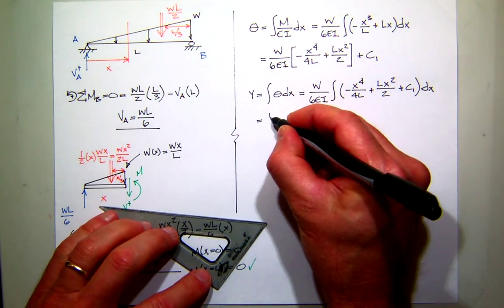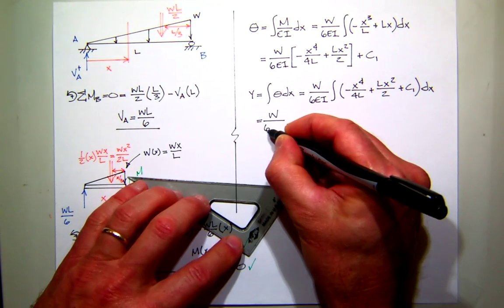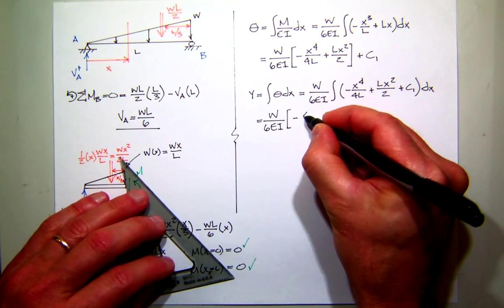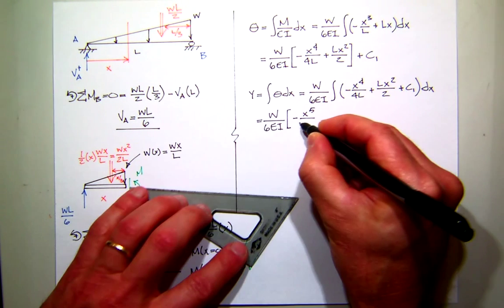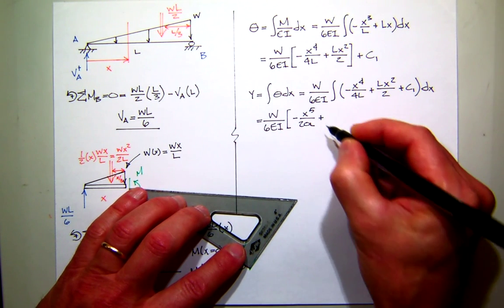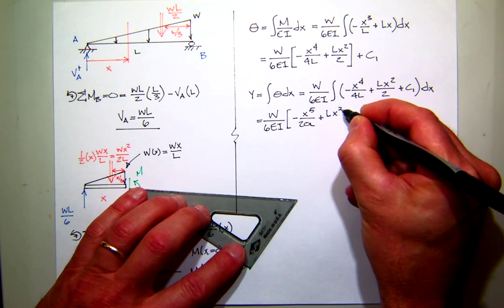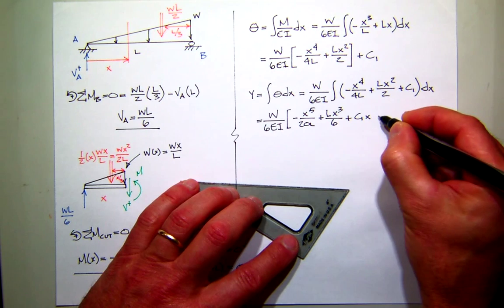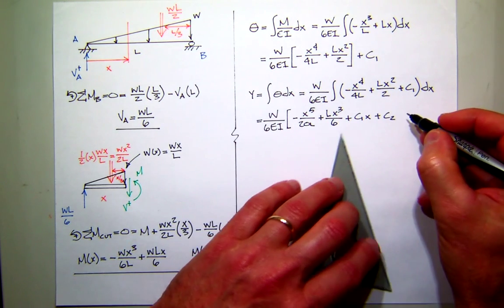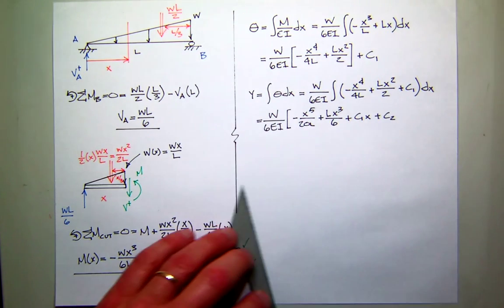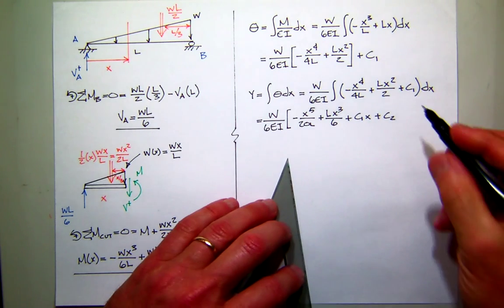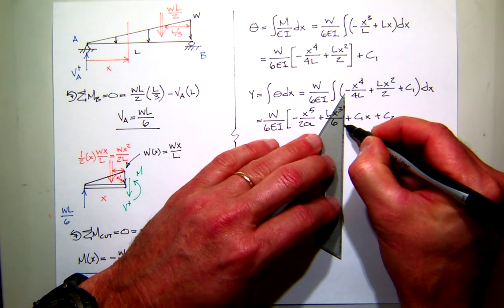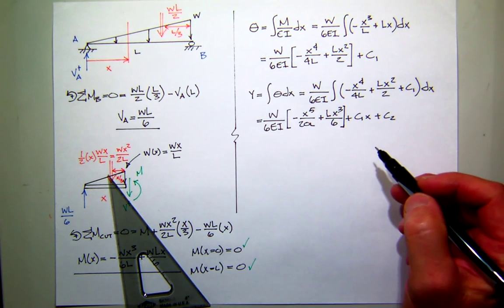So now when I integrate that, what do I get? I get minus x to the 5th over 20L plus Lx cubed over 6 plus C1x plus C2. Before, I had this constant, I left the C1 all by itself, so I think I'm going to try to squeeze that back in there like that. I think it doesn't really matter. It'll all work out in the end.